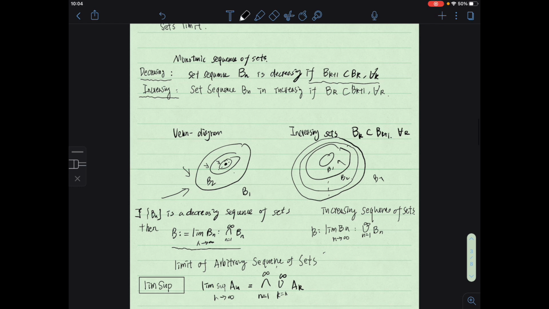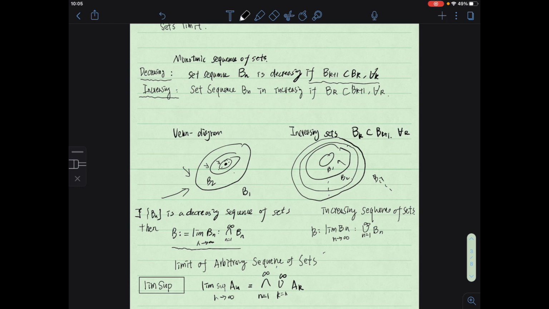And on the other hand, we also have increasing sequence of sets, which is B1 is the smallest, and B2 is larger, B3 getting even larger, larger, and larger.